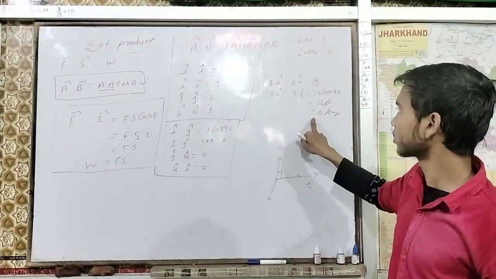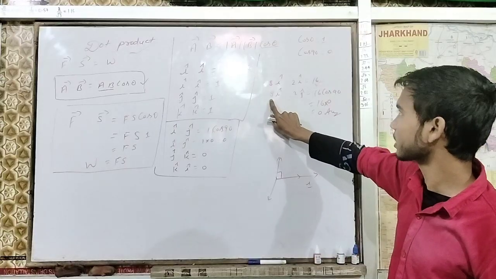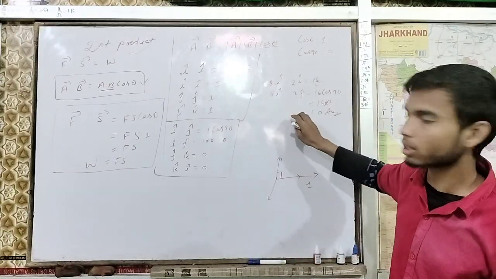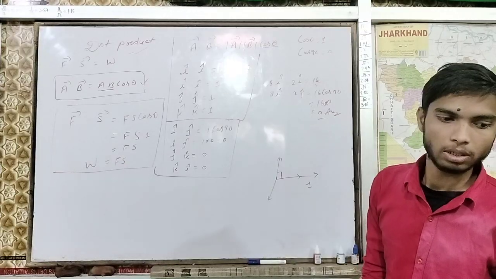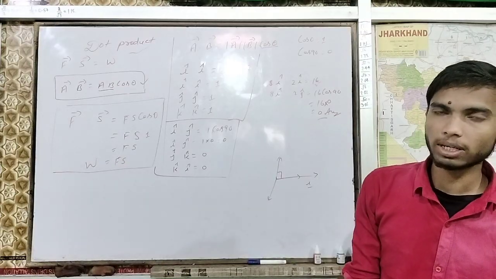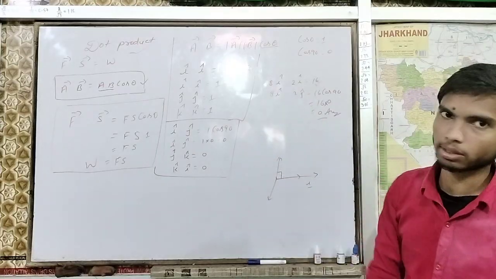That is why you will get 0 if you take numbers with different components. At the end you will get a 0 result if you take different components.